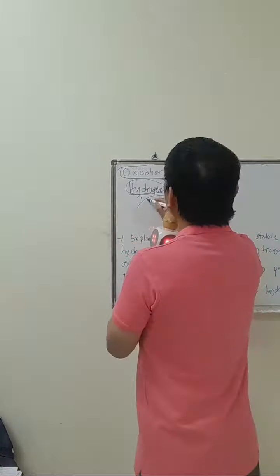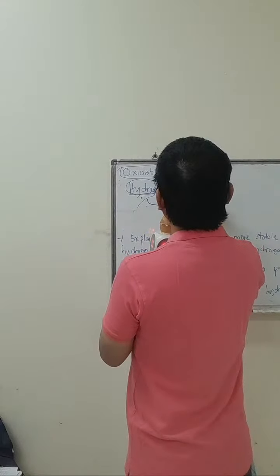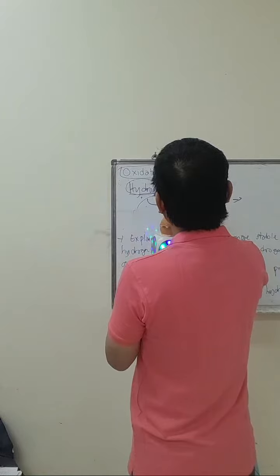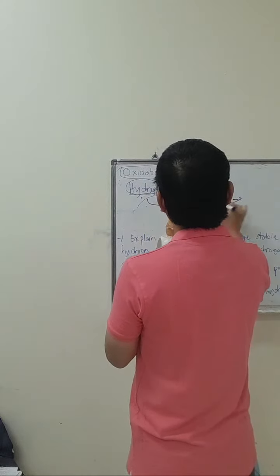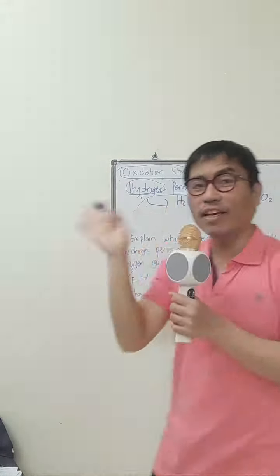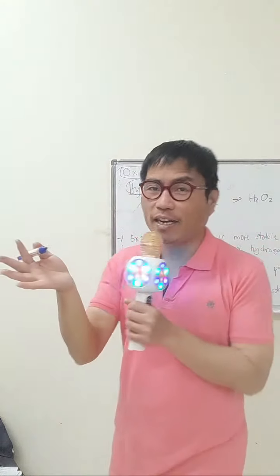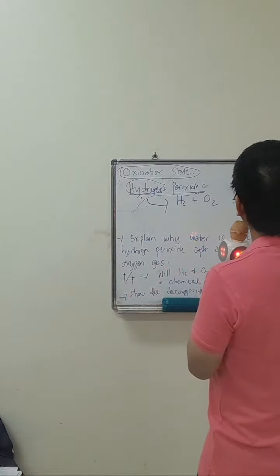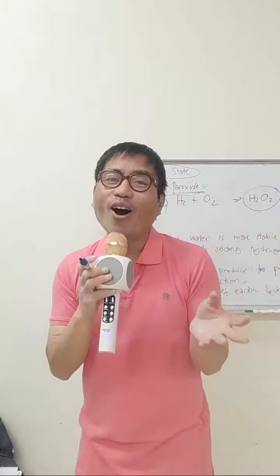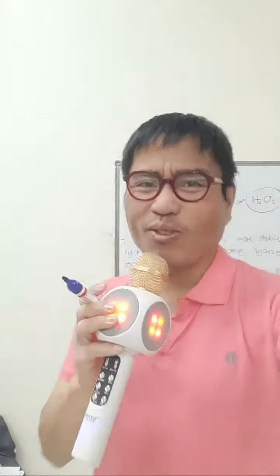H2O2 comes from the reaction of H2 plus oxygen gas, but we are not dealing with a chemical reaction, we're dealing with oxidation number. So here, we focus on H2O2 and we are asking for the oxidation number. Sorry guys, so many things in my brain cells.